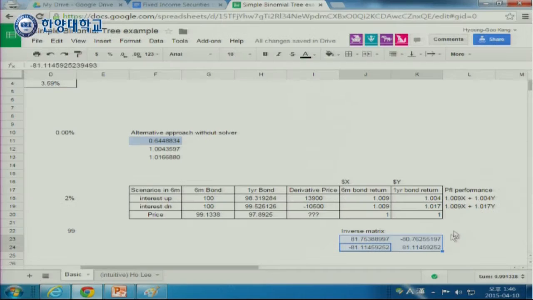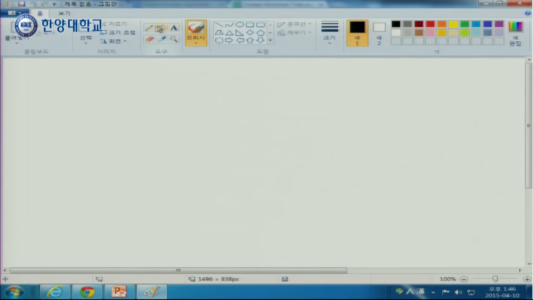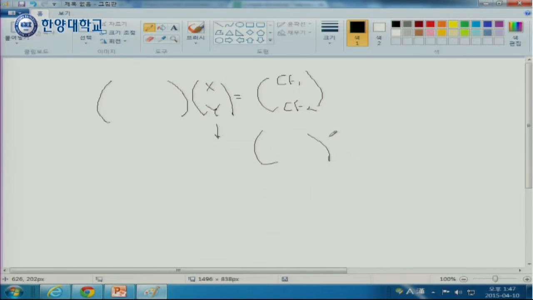So basically, what we are solving is this: this one multiplied by X, Y is the cash flow, cash flow 1 and cash flow 2 from the derivative. So X, Y is the inverse of this one multiplied by this one.